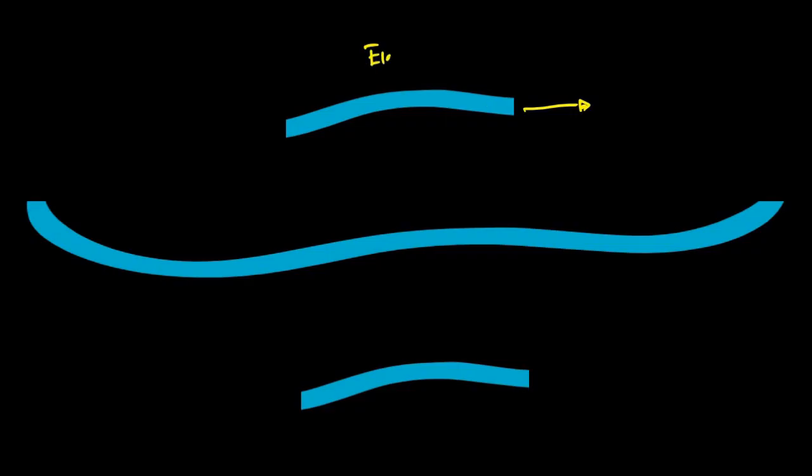This is the elastic material, then force is applied on it, it got stretched. This is the stretching of the elastic material. Now as soon as the force is removed, the elastic material returns back to its original state. This is the basic property of elasticity.